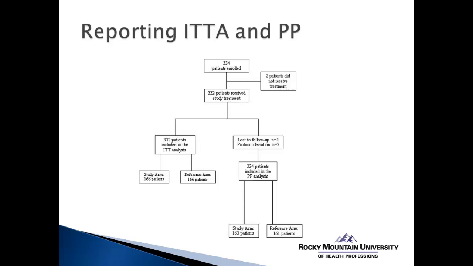And so this is a great way to explain how we ended up doing our intention to treat or our per protocol analysis. As I mentioned, it's a really good way to help people visualize exactly how many subjects were analyzed in each of these different analysis types. So this is a very important aspect of intention to treat, being able to display exactly how you got to the intention to treat analysis.